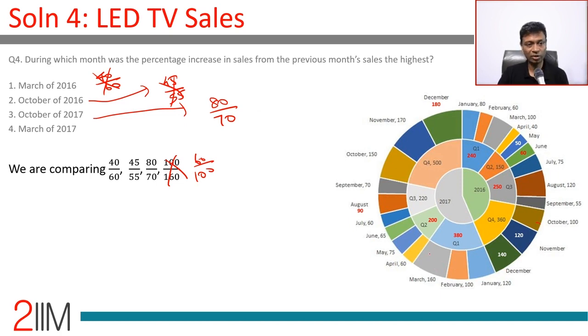The number was written down incorrectly earlier. This is also less than 1. The only number that's greater than 1 is October 2017. That's the right answer. March of 2017 is also an increase of 60 on a base of 100, 60 by 100, just less than 1. In this case, it has more than doubled. In all of these cases, it has not doubled. So October of 2017 has seen the sharpest percentage increase among these 4 months. We don't have to check the others because it is more than 100%. So choice 3.